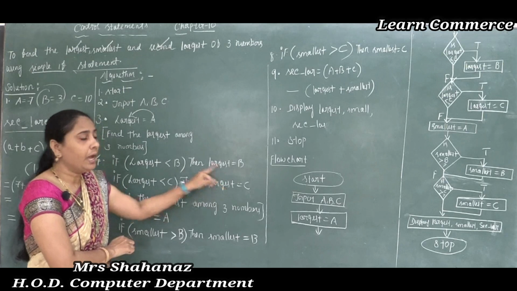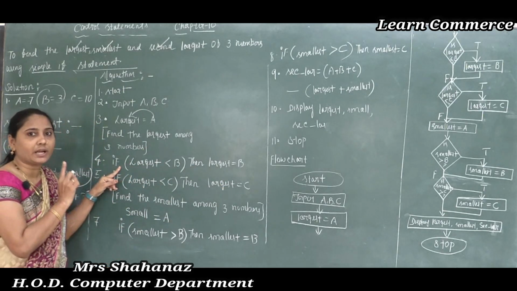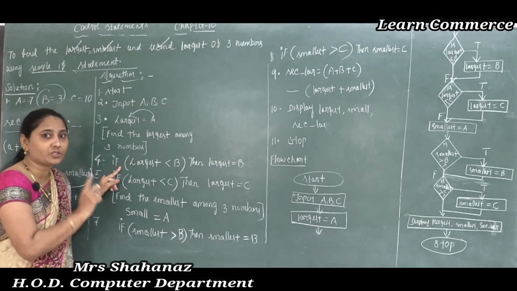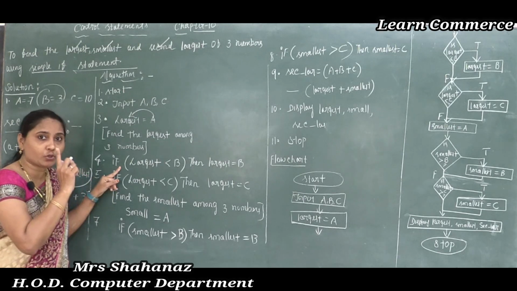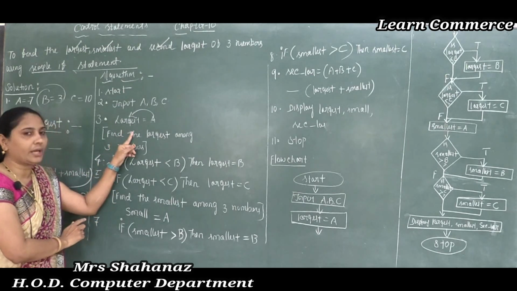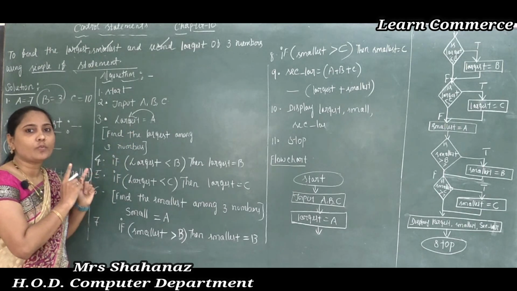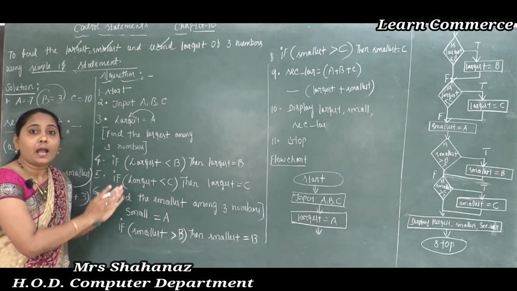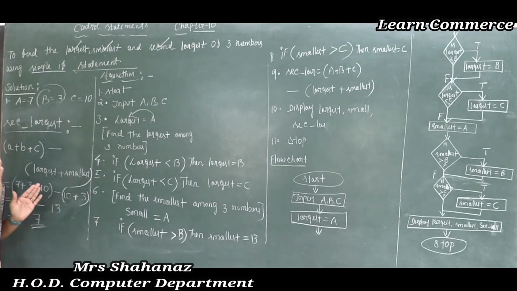Did everyone understand? What I am saying here is that you should remember the condition. What's the condition? Which type of condition am I using, and after using such a condition, what result will we get? You have to remember it. First of all, I said it is just an assumption: the largest value is equal to A, and later I am comparing the numbers one after another with the largest number.